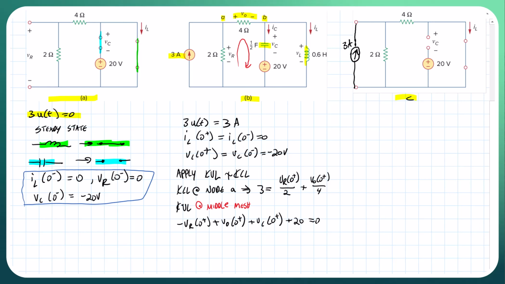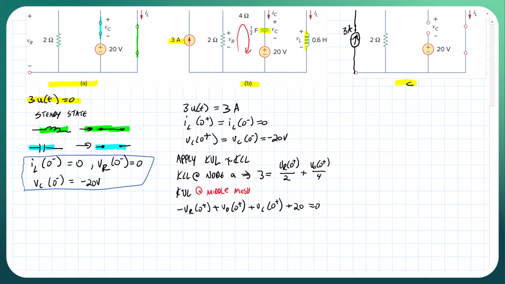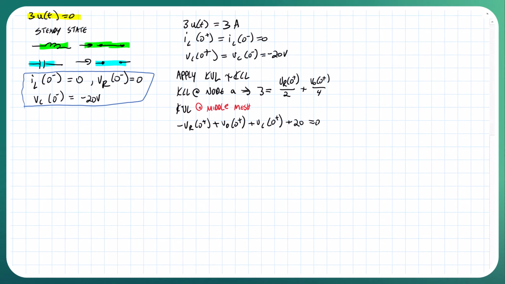So if all that equals 0, we just need to rearrange those equations. Based on this, let me scroll up and let's further simplify this. We know that VC at 0 plus is going to equal minus 20 from up here. So we can plug that in here.